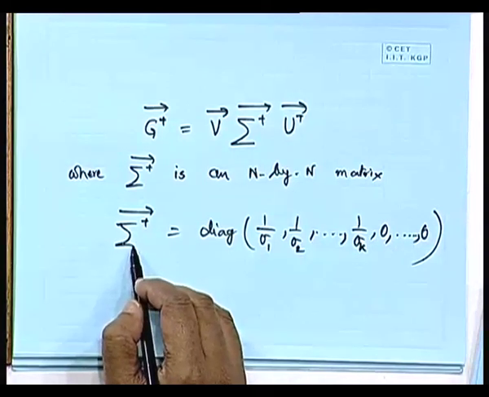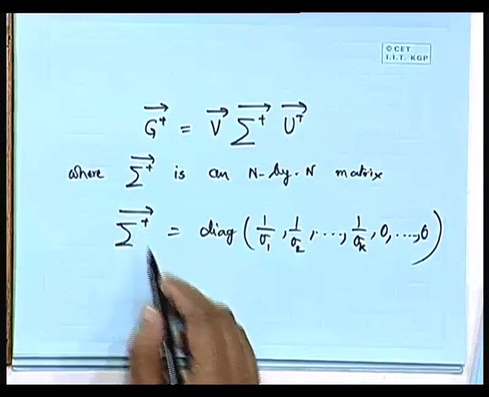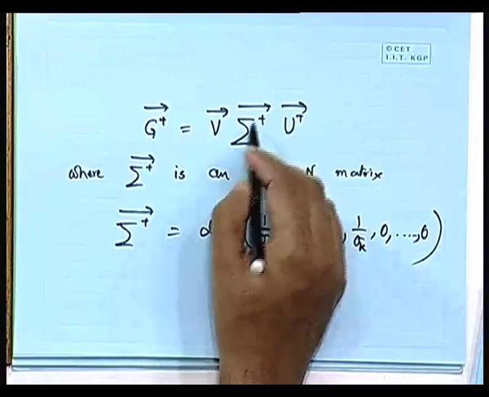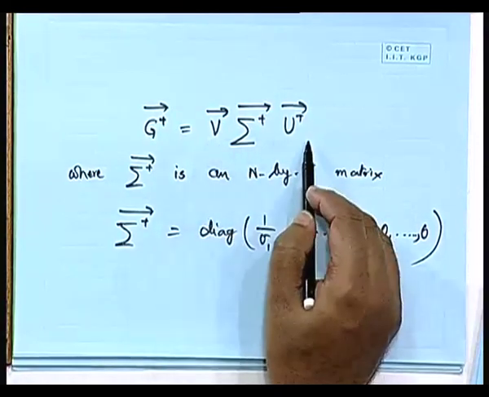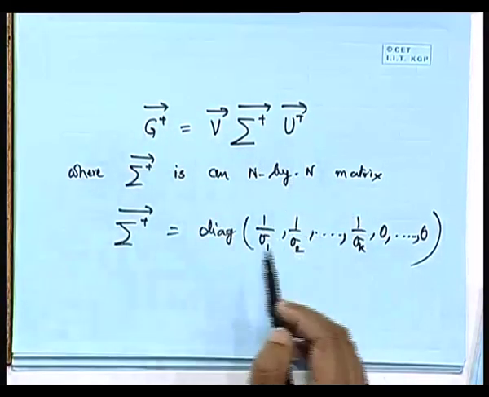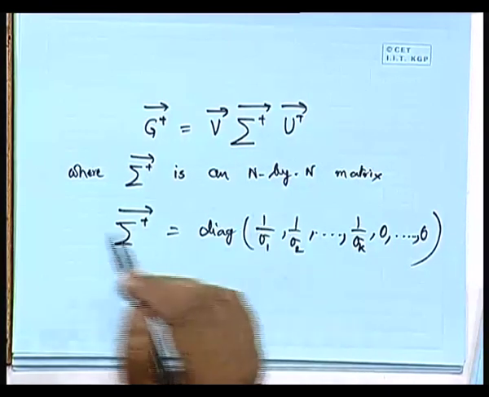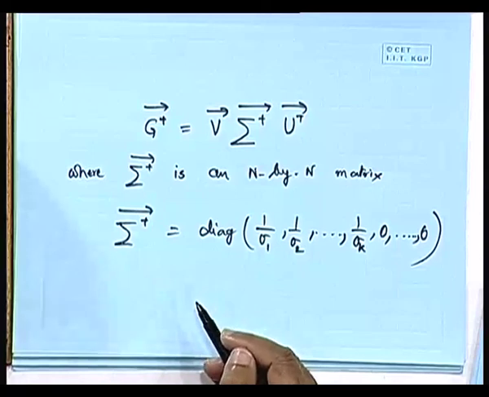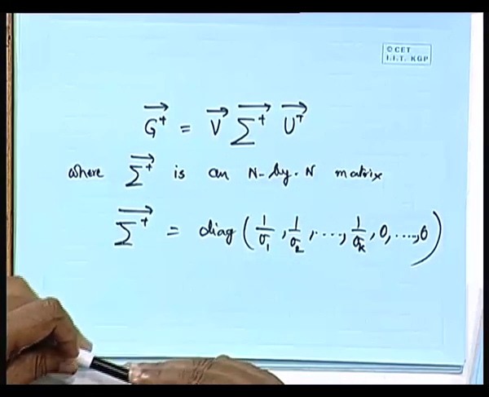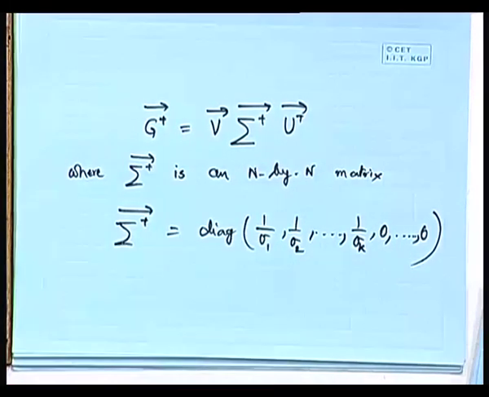This becomes the sigma plus matrix, and because we know the V matrix and U transpose, we can get the G inverse. So this is the pseudo inverse computation, and good techniques are available.